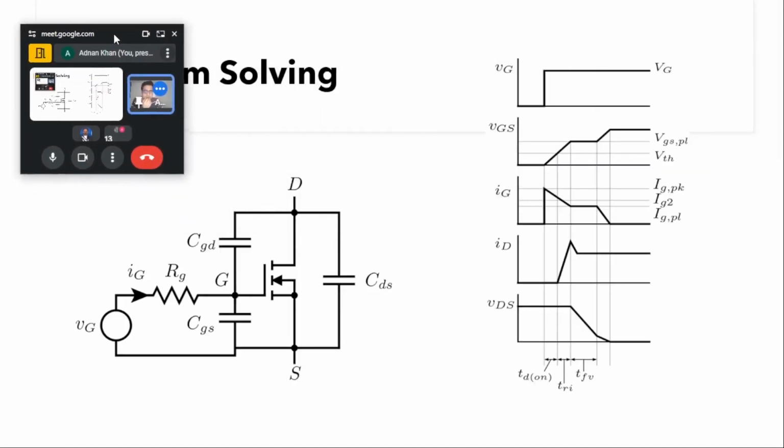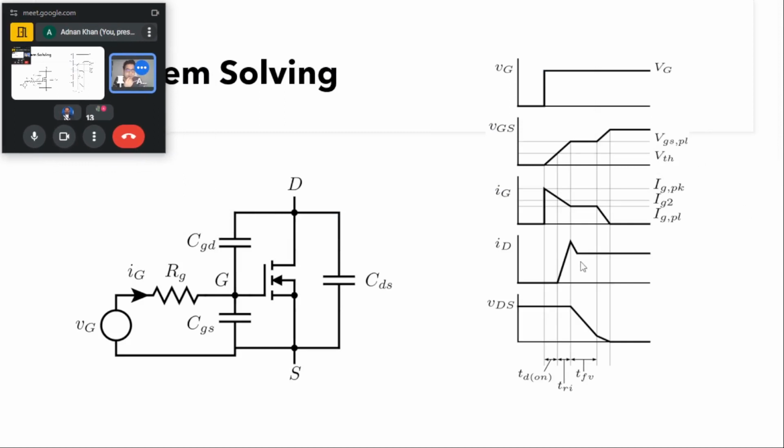If you can see here, as soon as we give some VG voltage, the VGS will be provided by this gate driver. Initially the VGS voltage will be 0, and the whole VG will be applied across this RG, and the current will start to flow, and CGS will get charged to a point, the Miller plateau.